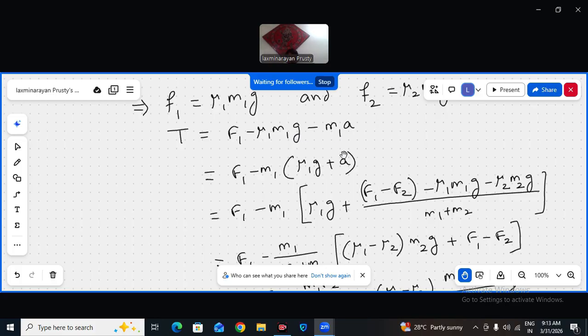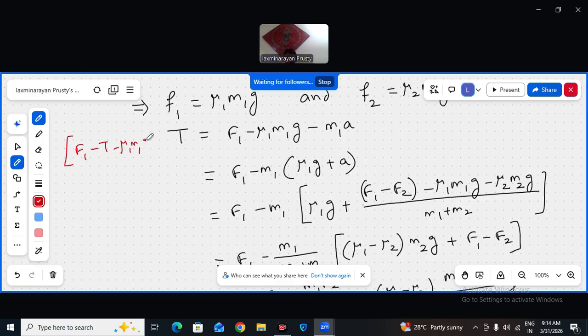F1 minus T minus mu1 M1 g is equal to M1 a.